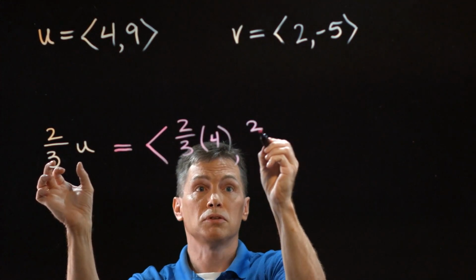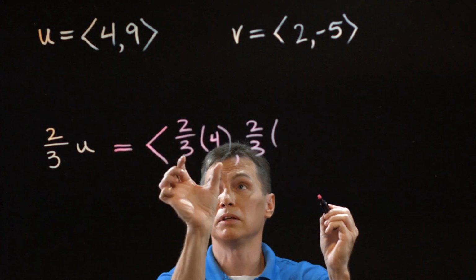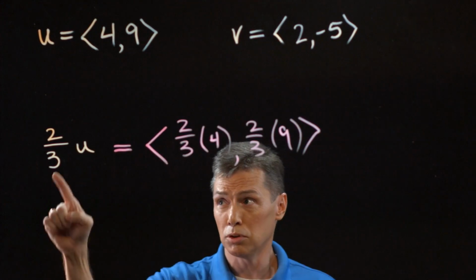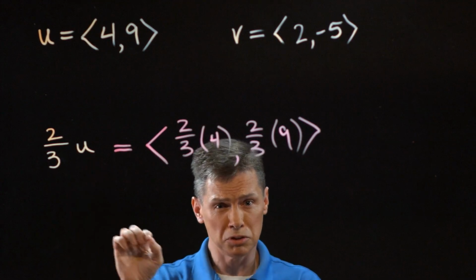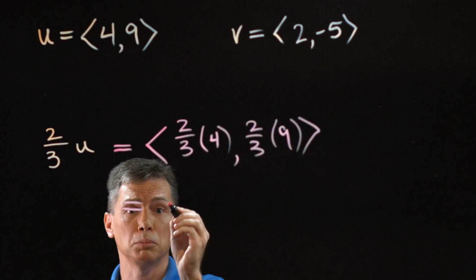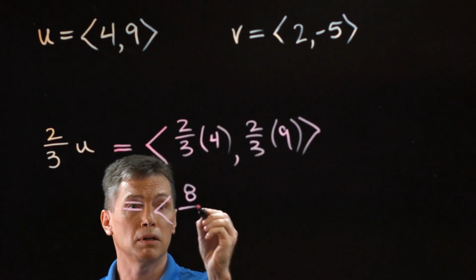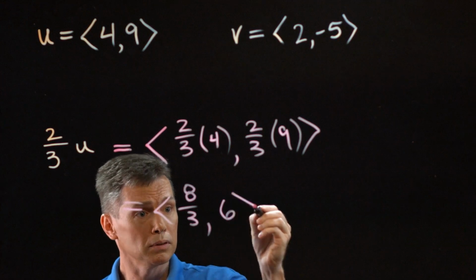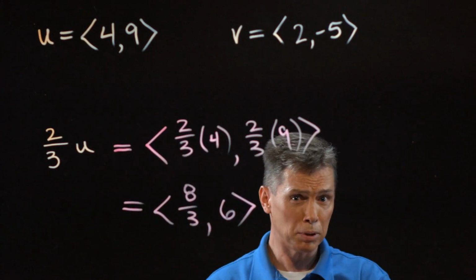That 2/3 also multiplies by the 9. So 2/3 times the vector u is just 2/3 times each of the components. And now we'll simplify a little bit. 8/3, comma, 6. And that's the answer we'd want for that part.